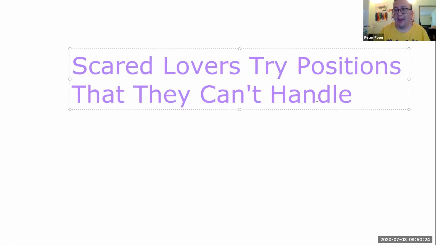The reason why I like this one better: one, it's dirtier, two, the words actually sound closer to the actual words of the bones. Like scared and scaphoid, lovers and lunate, they're closer to the actual words.